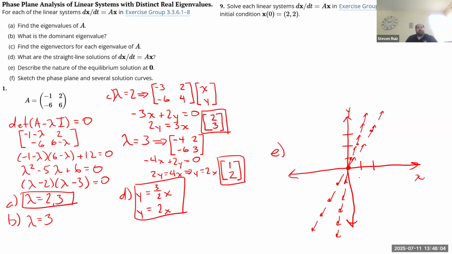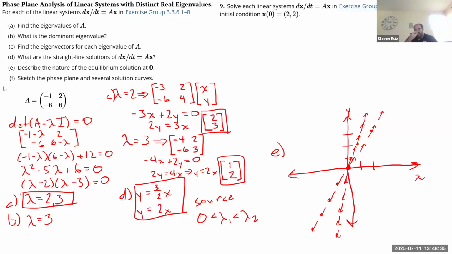Okay. What else can I show about this phase portrait? Well, I know that no matter where I am, and this is owing to, I have not written the word source anywhere. So source, because basically what I have is this: 0 is less than lambda 1, which is less than lambda 2.